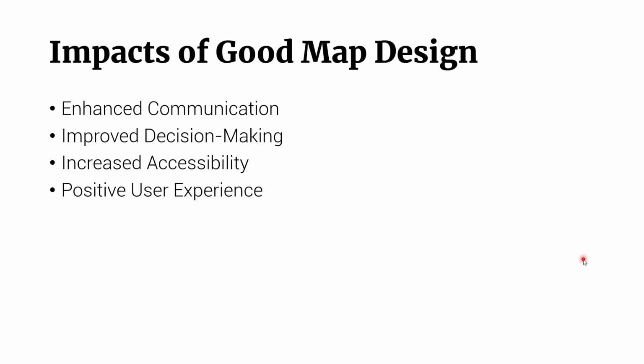Next one is increased accessibility. Easy-to-read maps make geographic information accessible to a wider audience. For example, an educational map helping students understand global geography. So here, the maps we use or make can be used by students for educational purposes.